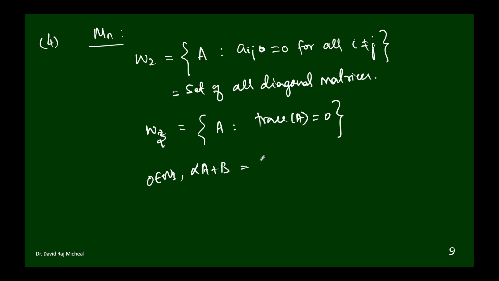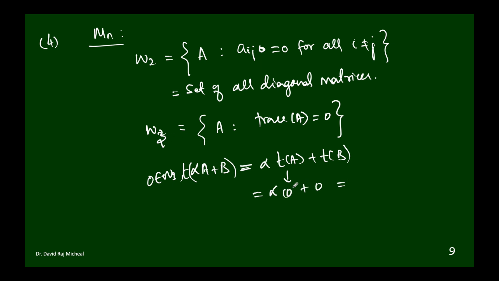Okay, so this is very simple. I just have to verify the trace of (αA + B), and that is equal to α times trace of A plus trace of B. This is very simple to prove. One can actually prove it using matrix technique, just element-wise addition. And trace of A is always 0 because A and B are from W3, and trace of B is again 0.